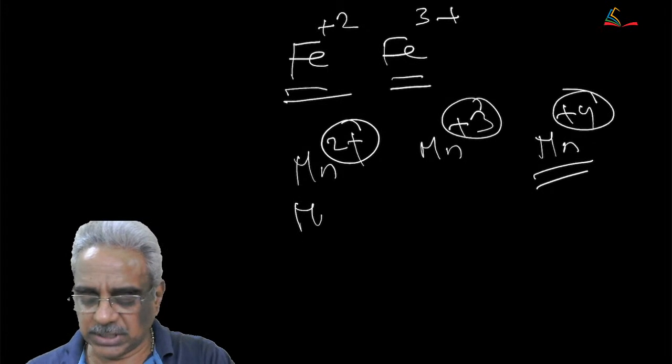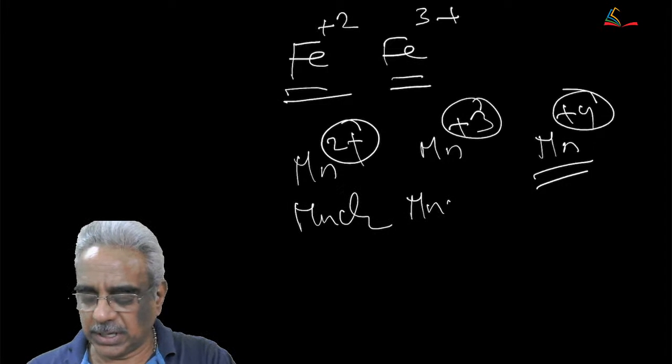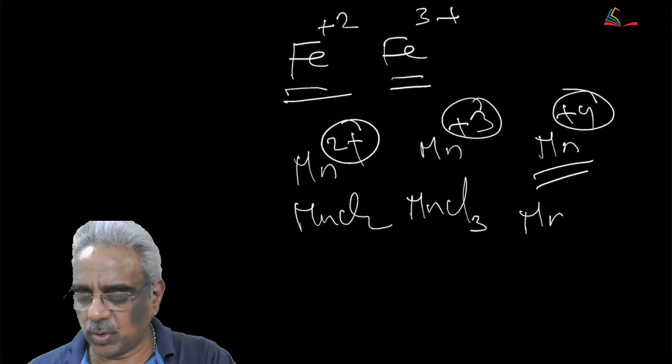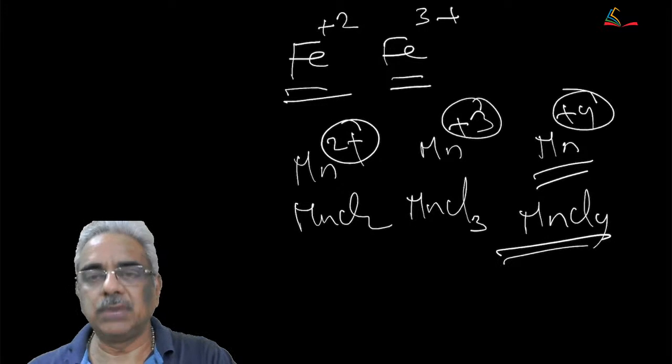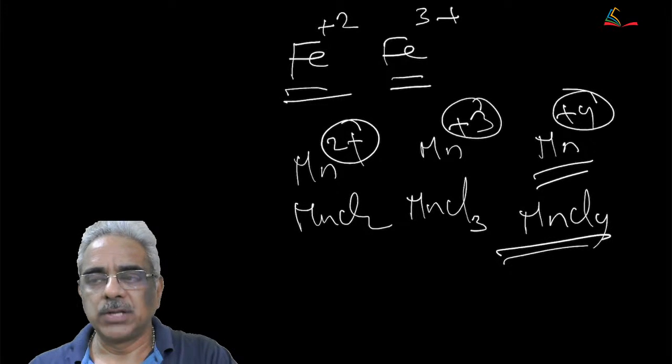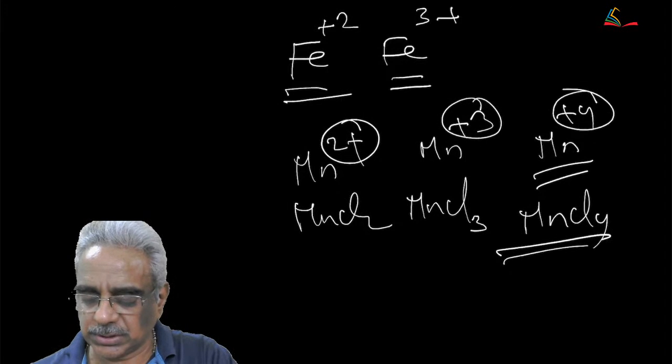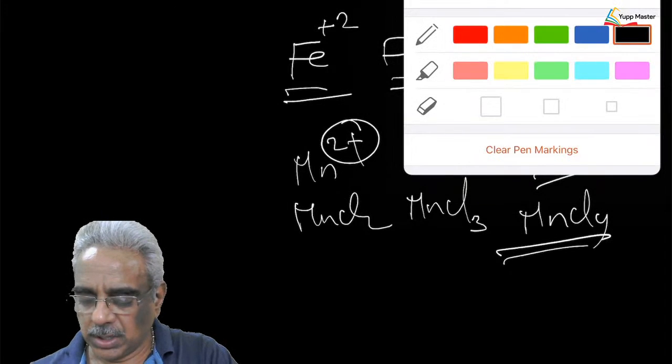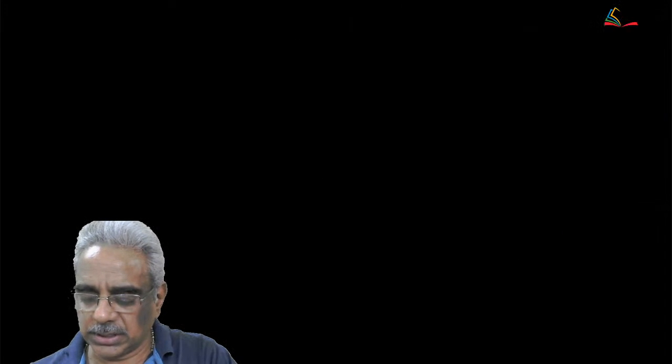Suppose you have got MnCl2, MnCl3, MnCl4, which will be most covalent. MnCl4 will be the most covalent in nature. So it will be almost like this, dear students, and keep enjoying this kind of logic.